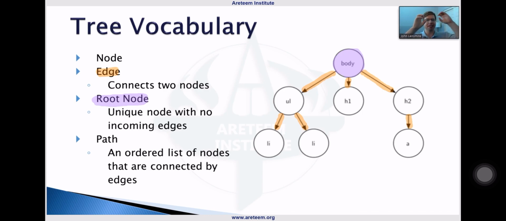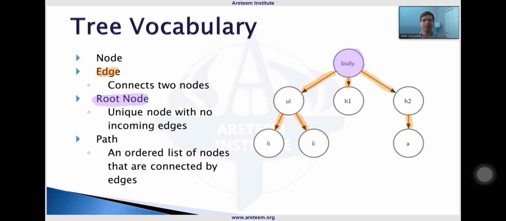Maybe the body is in the center and we have all these edges going outward, right? Even if this is mixed up, the root is still unique in this case, right? There is only one of these that we're going to have, and everything needs to be connected to it or connected to something that's connected to it, right? Stuff like that as well.